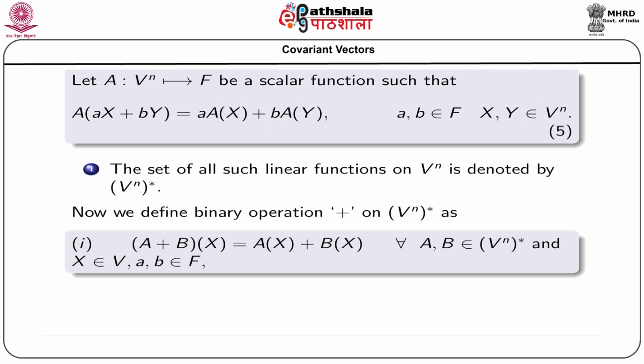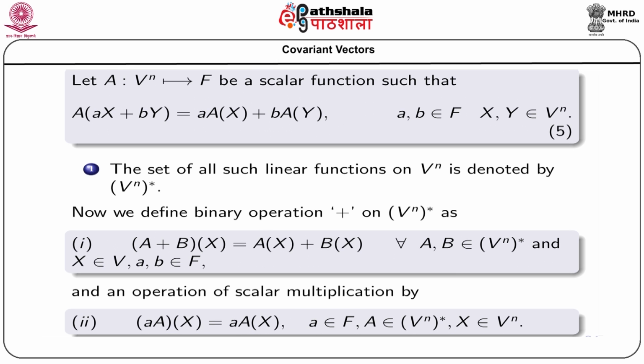That means A, B are the linear functionals, and x belongs to V and a, b belong to F. And the second operation is the scalar multiplication given by (aA)(x) equals a times A(x), where a belongs to F, A belongs to V_n star and x belongs to V_n.